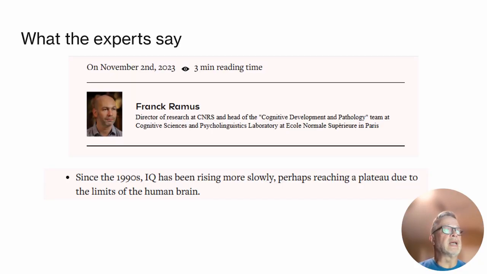We have an expert here, Frank Ramus, who is saying in one of his papers that since the 1990s, IQ has been rising more slowly, perhaps reaching a plateau due to the limits of the human brain. So it is a well-known fact that the Flynn effect is disappearing slowly.